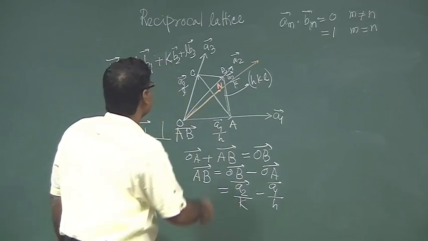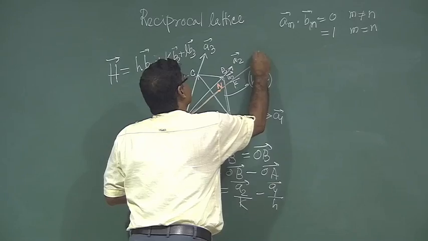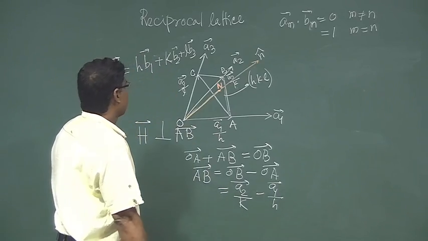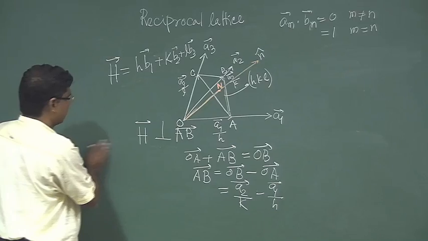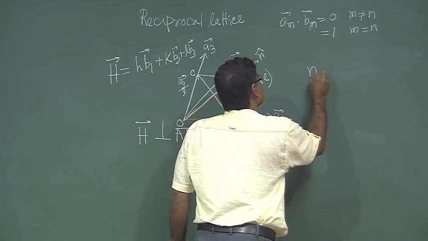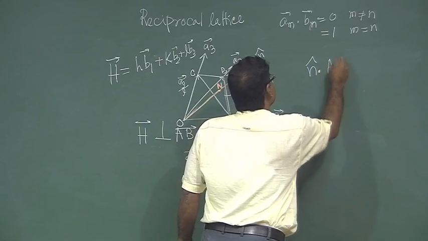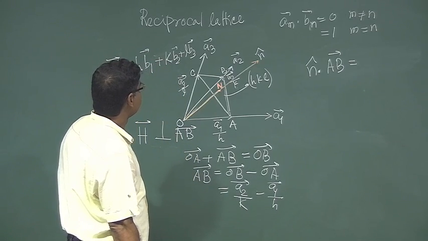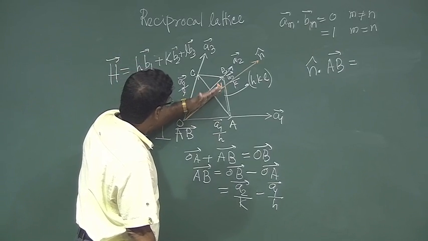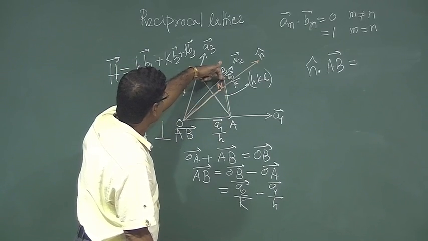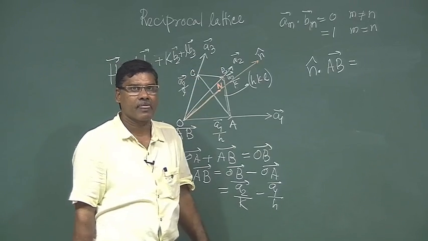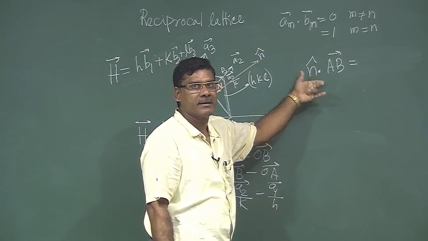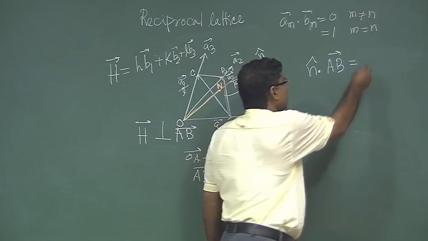So, if the unit vector along this normal direction is n, then n dot AB, what will it give me? n dot AB has to be 0 if they are perpendicular, since cos 90 degrees is 0.